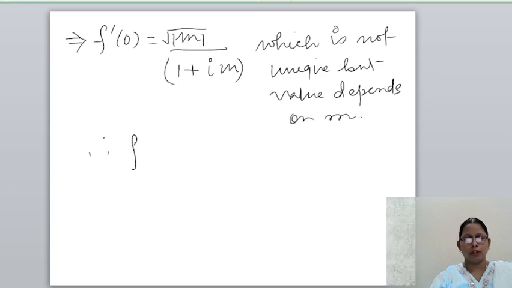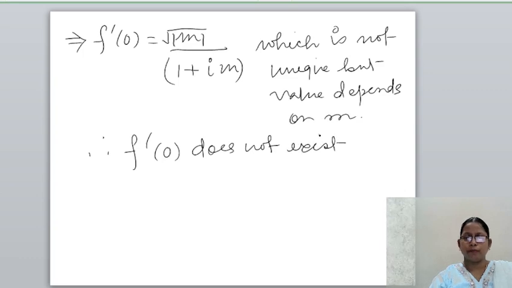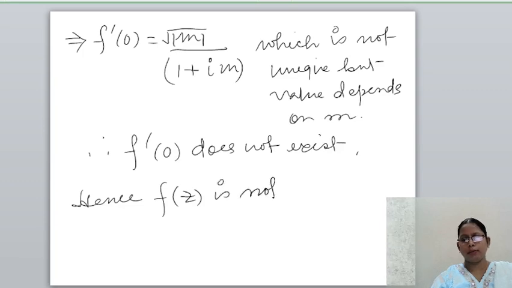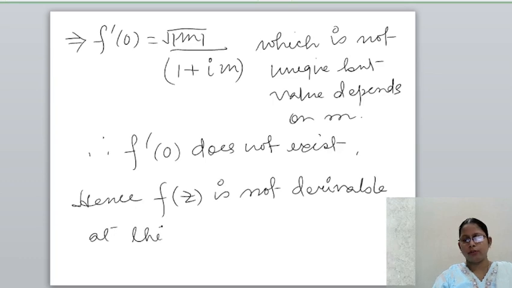Therefore f'(0) does not exist. Hence the function f(z) is non-derivable at the origin.